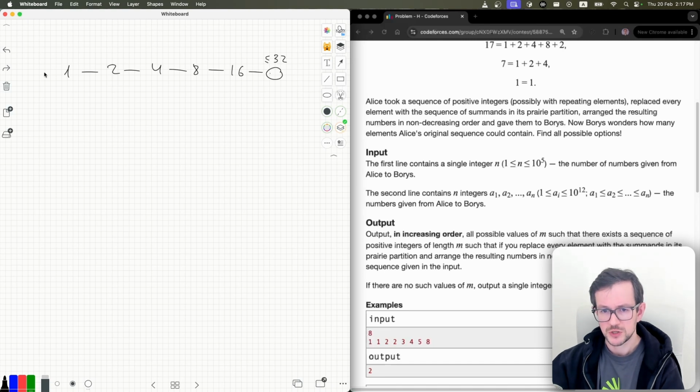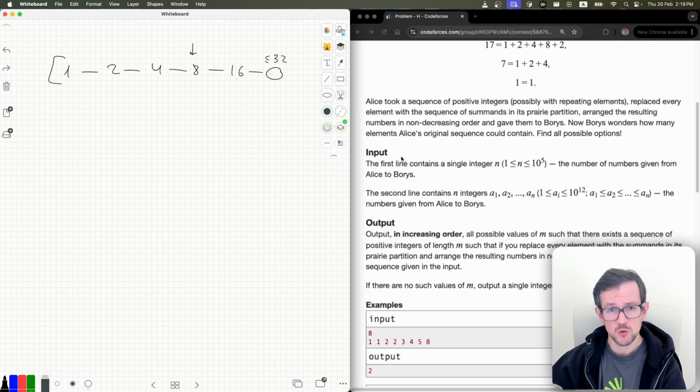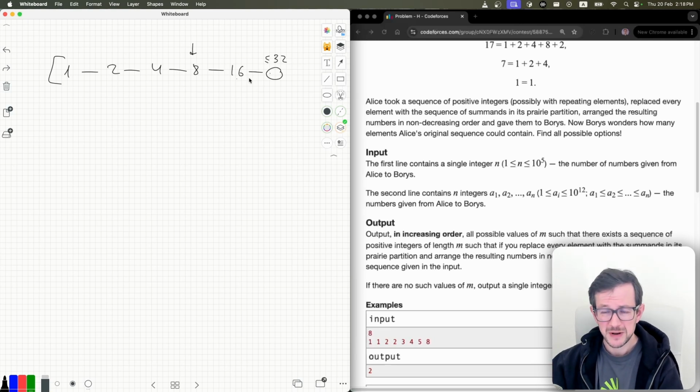It doesn't make sense to stop in the middle. If you stop here and you also have the number 16, it makes sense to take this 16 into your sequence as well.